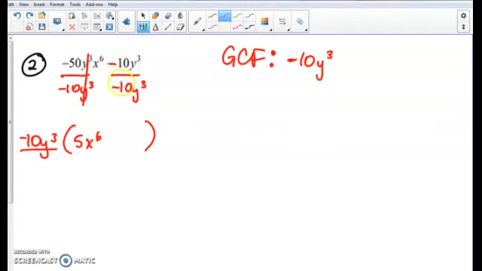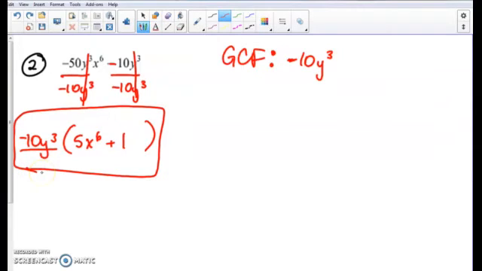So negative 10 divided by negative 10 gives us a positive 1. And y cubed cancels, and we're good. So our final answer for this one is negative 10y cubed times 5x to the 6th plus 1.